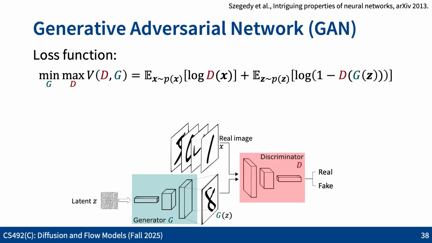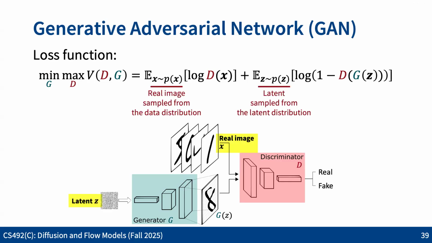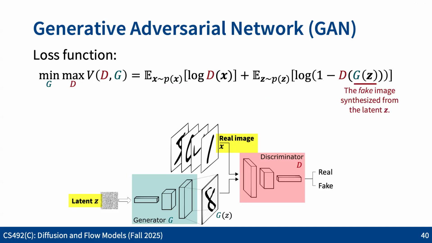And then we make them compete with each other. So if we briefly go over the loss function here, this is the loss function which trains both the discriminator and the generator. The meaning of this loss function is that we take a sample of the real image, the data point coming from the training data set, and also a point coming from the latent distribution, typically the standard Gaussian distribution, and then map this latent sample into our generator to make some fake image here, right?